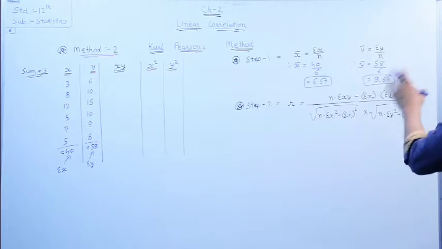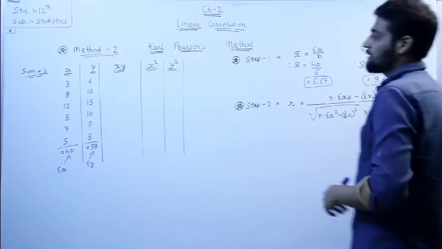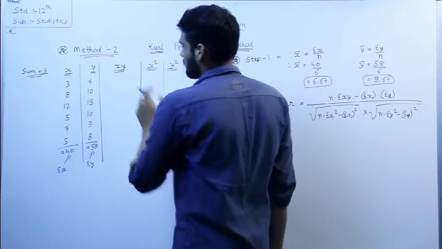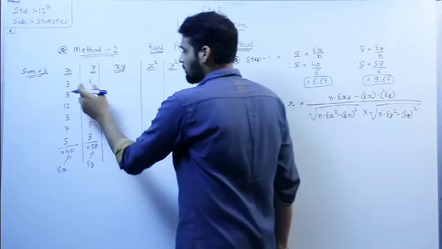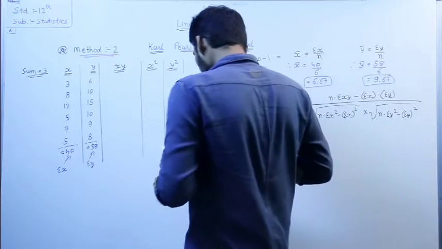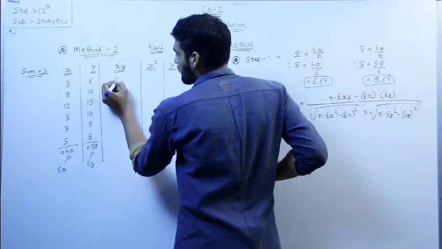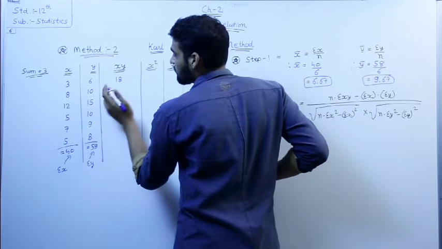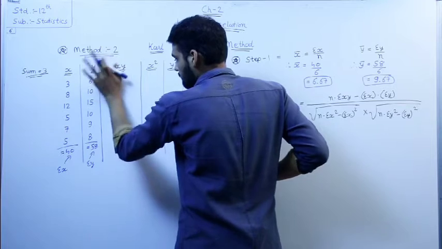Now we have the answers for x bar and y bar. So let me find the third column, xy, that means multiplication of the x column and y column. 3 multiplied by 6 is 18. 8 multiplied by 10 is 80.